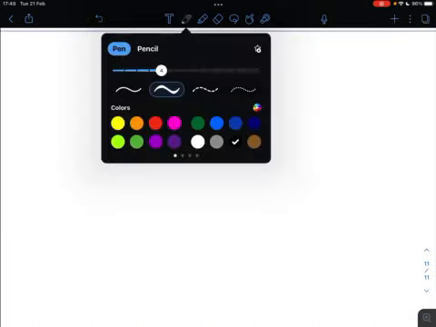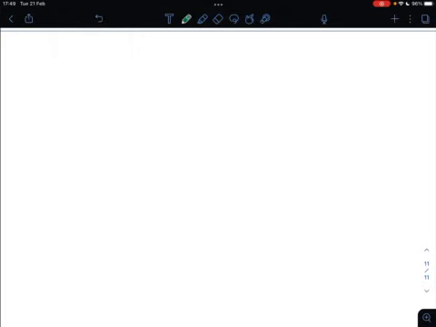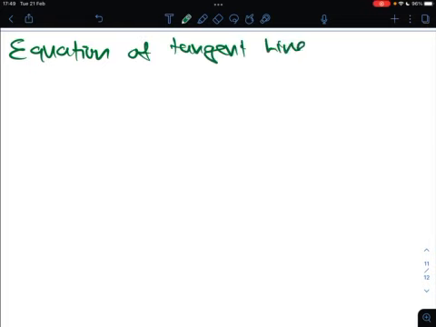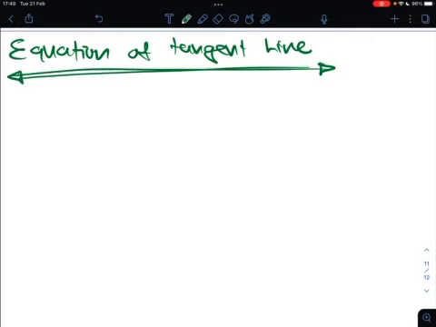Then the next thing that we want is the equation of the tangent line. How do you find the equation of the tangent line?